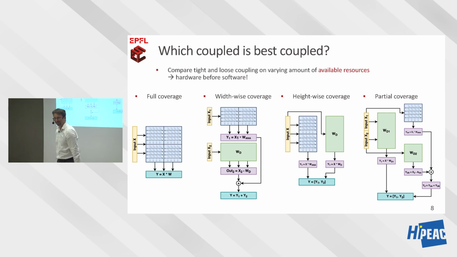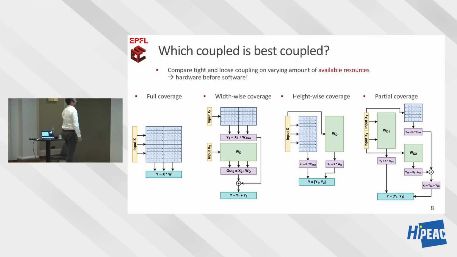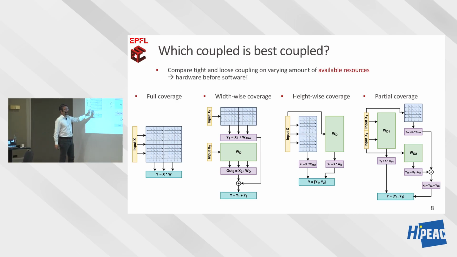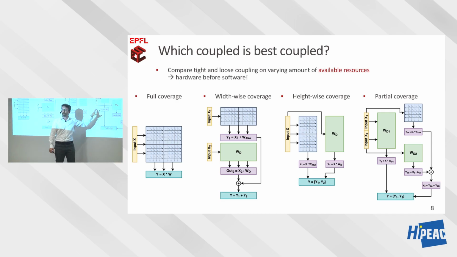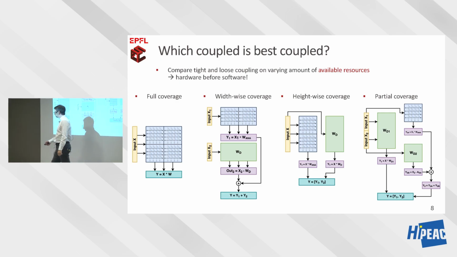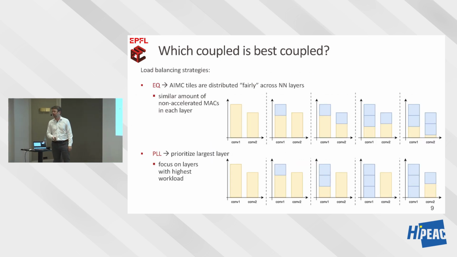So if you give me some hardware, I can always design a neural network which does not fit in that hardware. Okay? So we may have different conditions like, okay, we're lucky, we have enough accelerators to cover all of our computation, or we don't have enough rows, or we don't have enough columns, or we don't have both enough rows and enough columns. So we have to decide how to assign our accelerators to the computation.